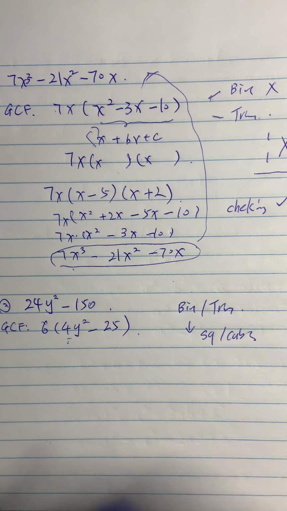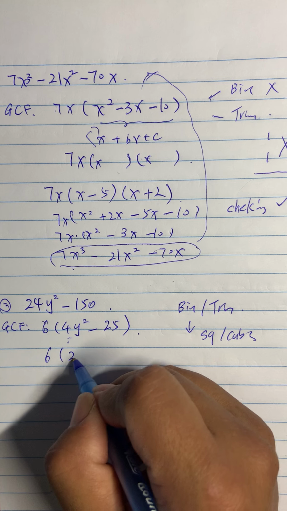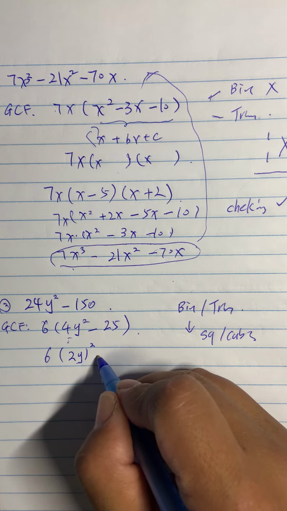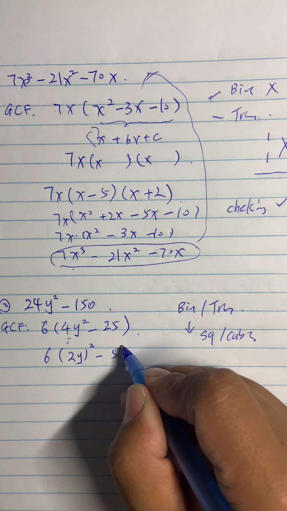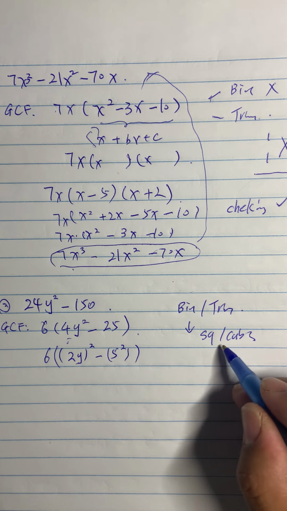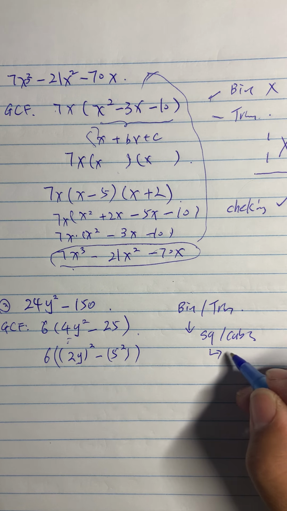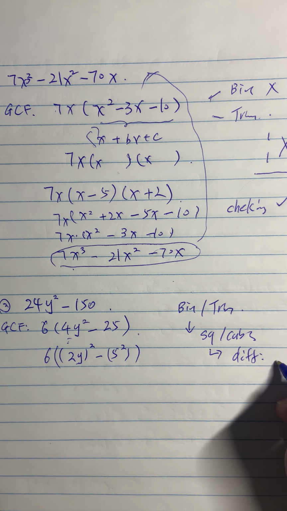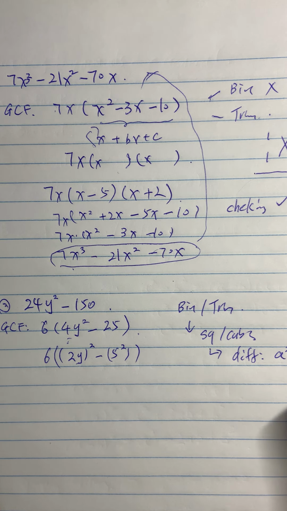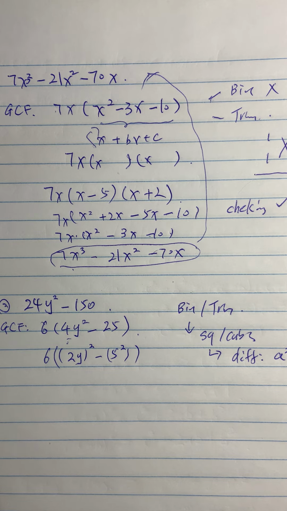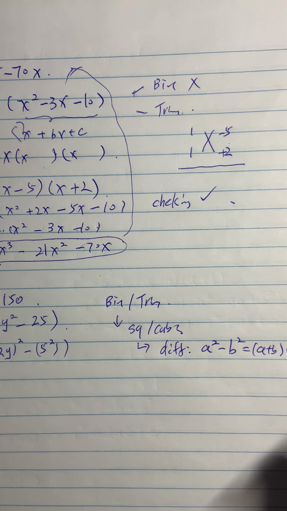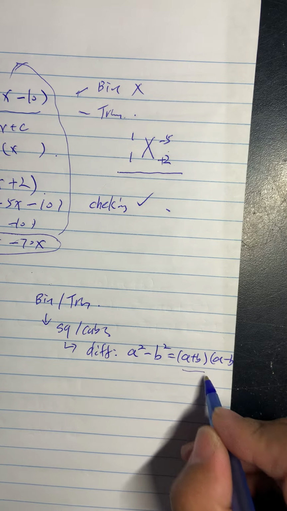We transform it: 6 times ((2y) squared minus 5 squared). Everybody remember the difference of squares, a squared minus b squared, is equal to (a plus b) times (a minus b), right? I thought everyone remembered this one.